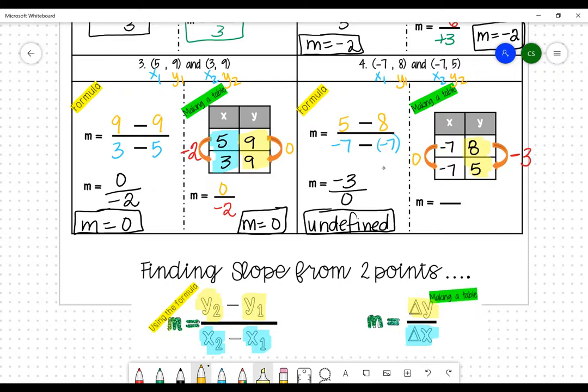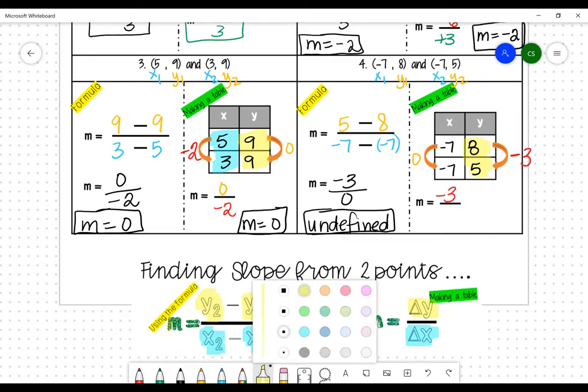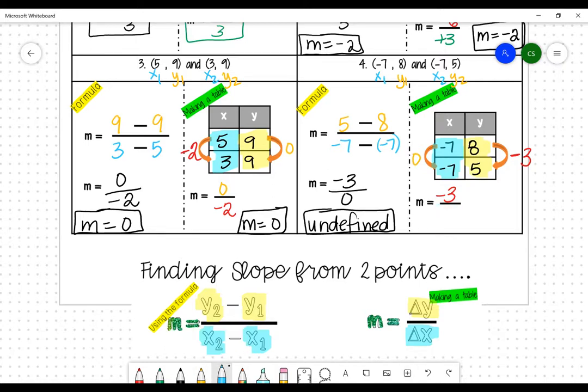So the change in y, which is negative 3, all over the change in x, which is 0. And when I simplify that, you'll put negative 3 over 0 into your calculator, and it's going to give you an error message because you can't divide by 0. And so I get undefined.